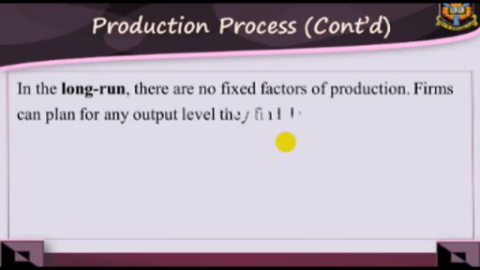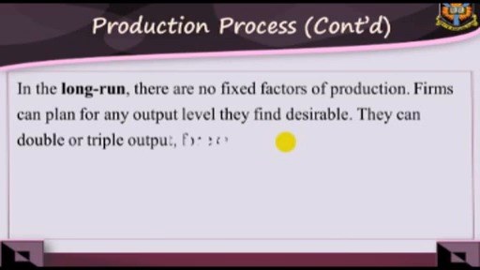In other words, the short run is the period of time for which two conditions hold. The firm is operating under a fixed scale of production, and firms can neither enter nor exit an industry.